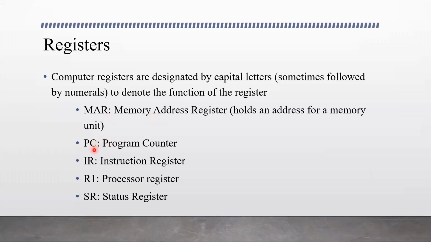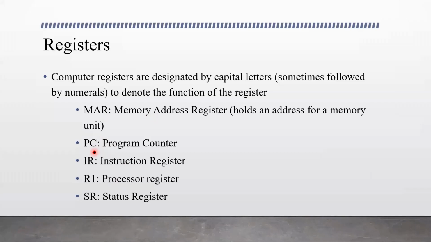And PC is another register. Some example registers are given here, showing the notation, the symbols used to define a register. PC is the program counter. This register holds the address of the next instruction.